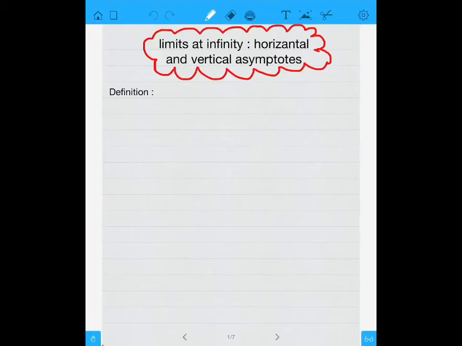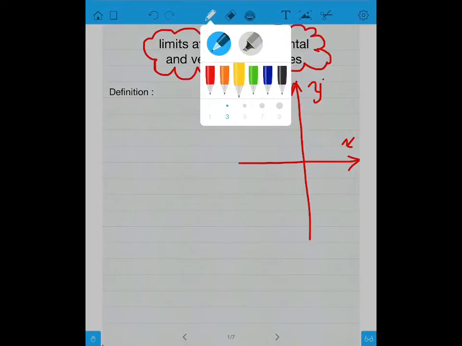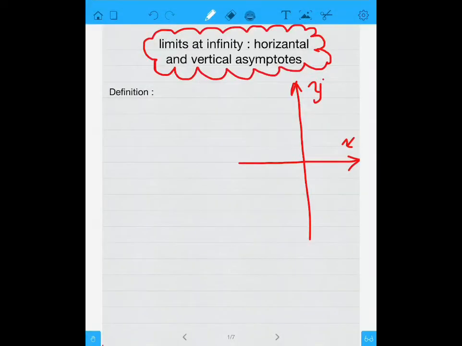In this video, I will explain the limits at infinity. Remember here, in the coordinate plane, x and y. See here, we have the graph, the curved graph.